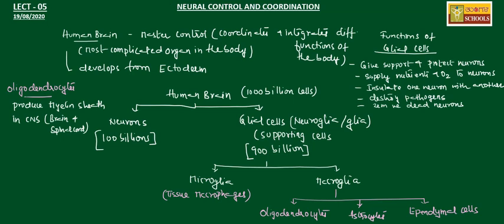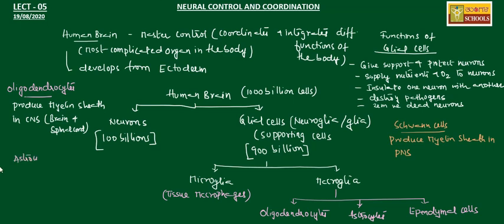So that includes the brain and spinal cord. Whereas we have one more, that's Schwann cells. These Schwann cells produce myelin sheath in the peripheral nervous system. So for the peripheral nerves, the nerves that develop from the brain and spinal cord, the myelin sheath is produced by Schwann cells.